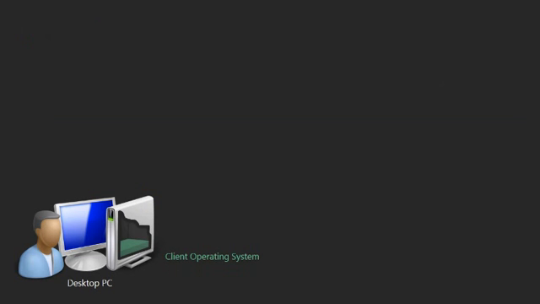The trouble is, our end user can't actually get any work done with just a client operating system. He needs another layer of technology, some client applications shown in the yellow layer here. And by this I mean those day-to-day applications such as Microsoft Outlook, Word, Excel, etc., which are most commonly brought together in a suite called Microsoft Office.